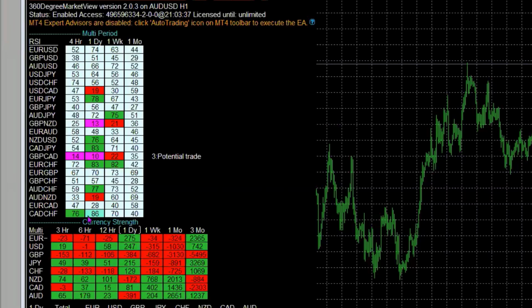Okay, and let's have a look at what's happened overall in the market in terms of which currencies are strengthening and which ones are weakening. And we can see here, and I'm looking at the daily figures, the pound has lost a lot of value compared to its trading partners, as well as the Oz. The Oz and the pound are the losers at the moment, and the Euro and the USD are the main gainers.